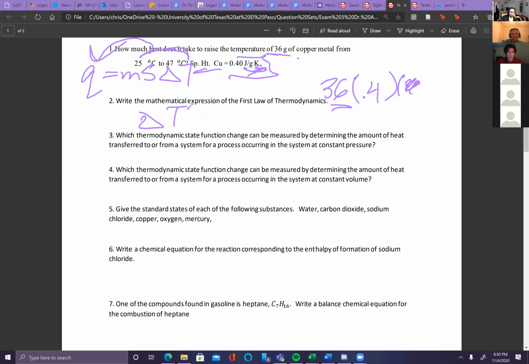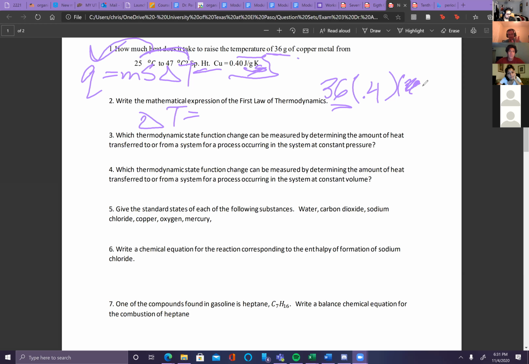If we're looking for specific heat, do we go for Celsius? Yeah, go for Celsius if you're looking for specific heat. For the degree Celsius, can you convert those to Kelvin? Yes. For a change in temperature, since degrees Celsius and Kelvin differ by an added constant, no matter which you use you'll get the same number.